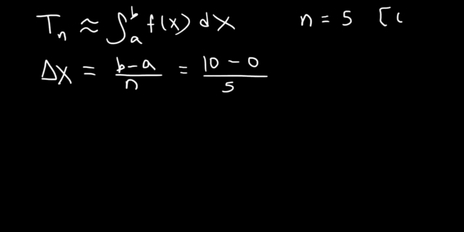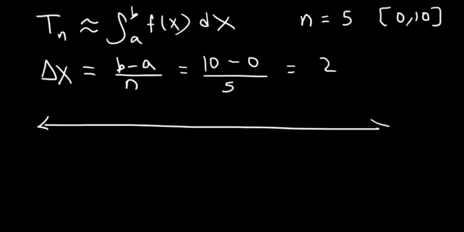So the interval from 0 to 10 divided by 5 is 2. So delta x is 2. Now what I like to do is create a number line from a to b, in this case 0 to 10, and delta x is 2. So the width of each subinterval is going to be 2.